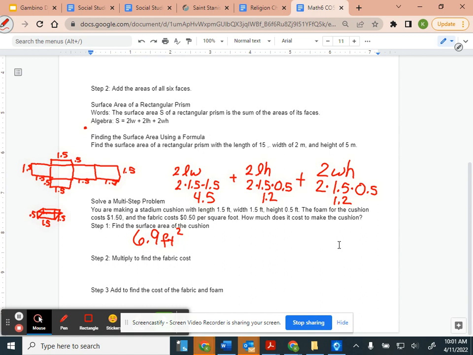The question is, how much does it cost to make the cushion? So we know our surface area. We need to find out how much fabric we need to cover that surface area. How do I find that? If I know my fabric costs 50 cents per square foot and I need 6.9 square feet, what do I have to do?